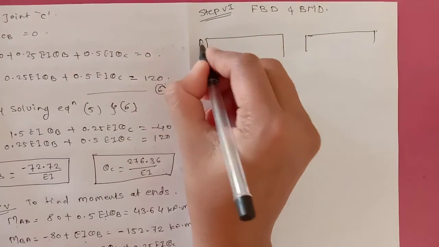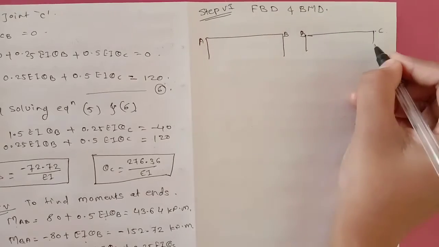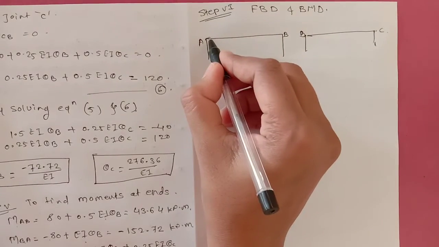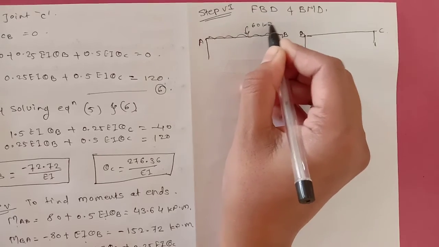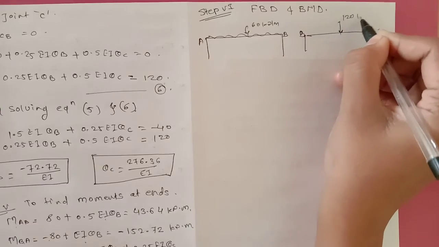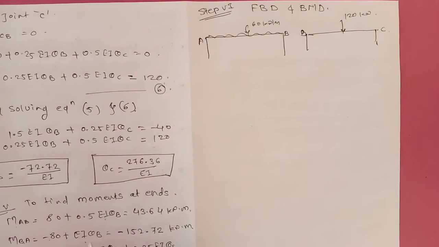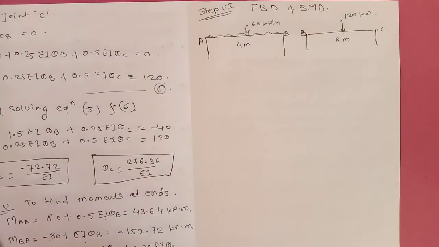Take the first member AB, then the B and C member. Over this AB member, 60 kilonewton per meter UDL acts, and over this BC member a 120 kilonewton point load acts. Its span is 4 meter and its span is 8 meter.